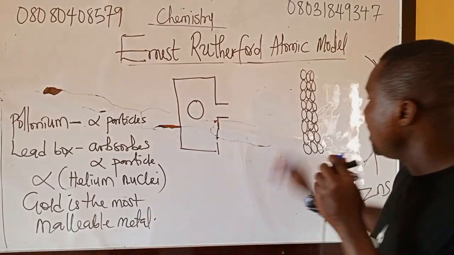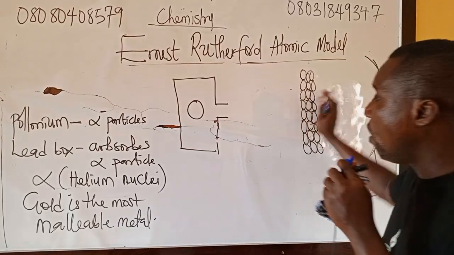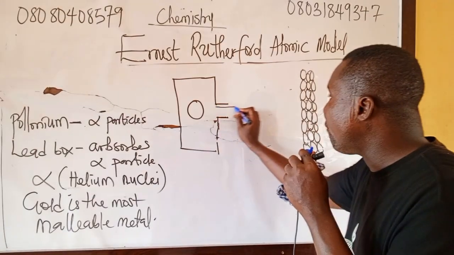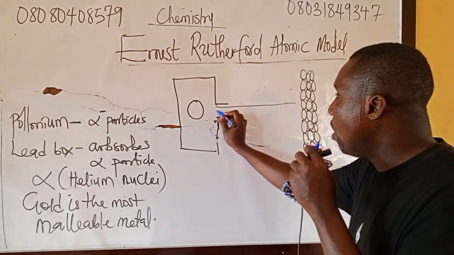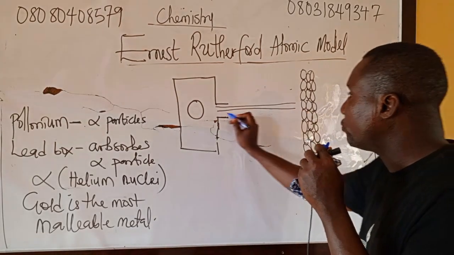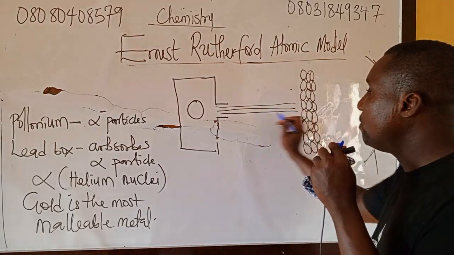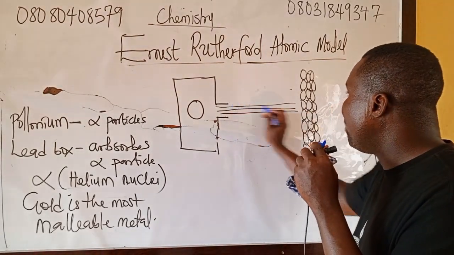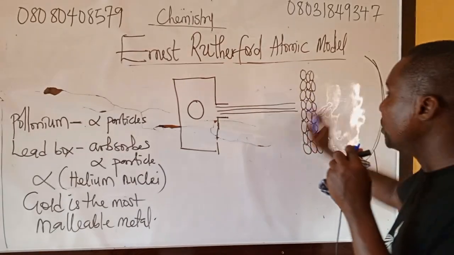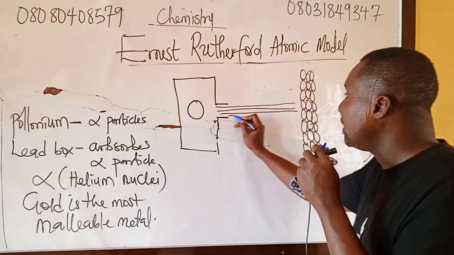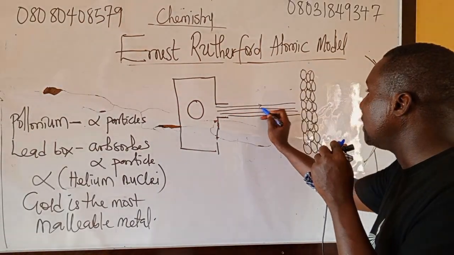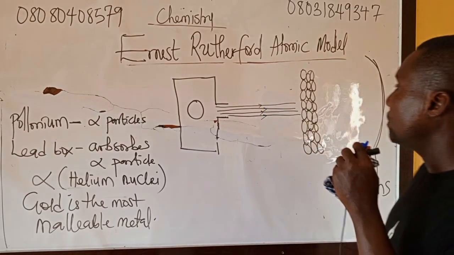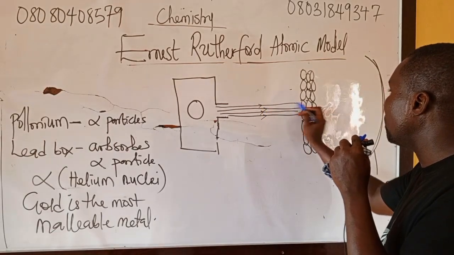Then what happened? He bombarded this gold foil with alpha particles, which are helium nuclei. He bombarded the gold foil with alpha particles of what? Helium nucleus. Then what happened?